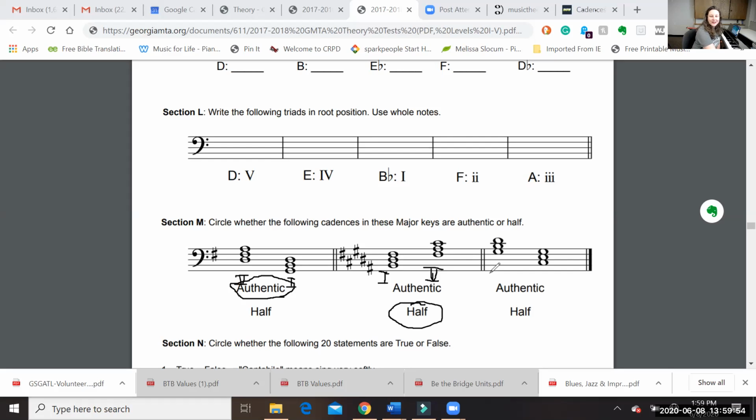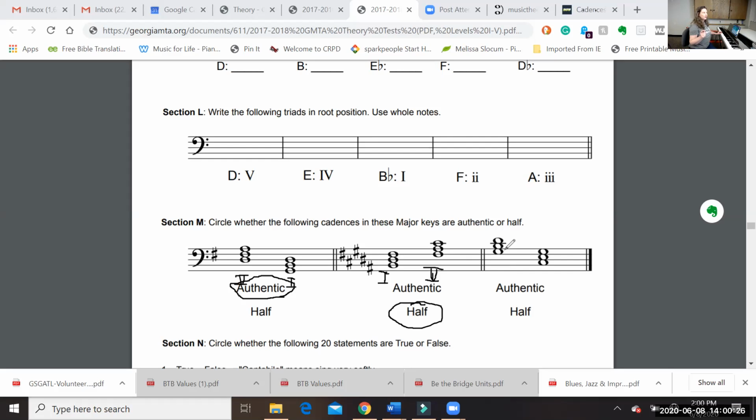All right, last one. There are no sharps or flats in the key signature. So that indicates C major. Right? No sharps or flats, C major. Okay? So what we want to do is take a look at the very first chord here and identify the first chord. So I have a G chord here.